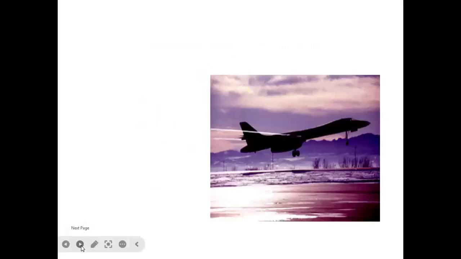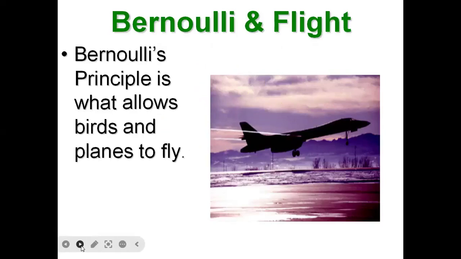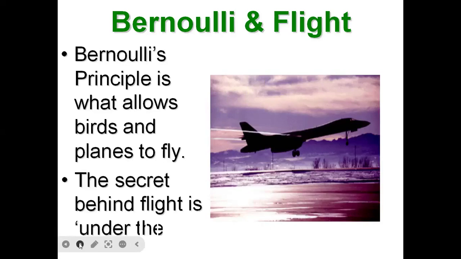it will be. This is the actual application of Bernoulli's equation in aeroplane and Bernoulli and flight. Bernoulli's principle is what allows birds and planes to fly. This is a very real life example. So the secret behind the flight is under the wings.